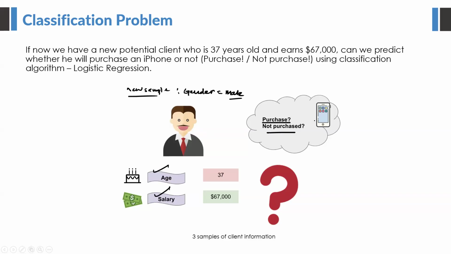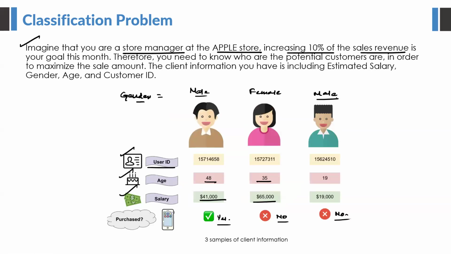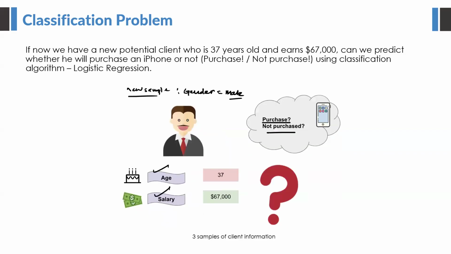This is what we are expecting after the model has been trained with this random sample data: it is able to predict, for a new sample data, whether the person has purchased the product or has not purchased the product. So these are all the informations available to us.